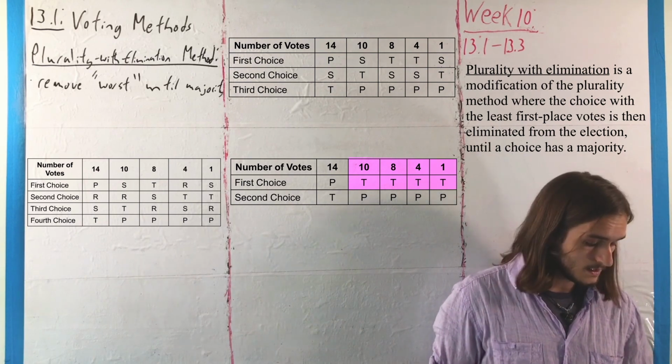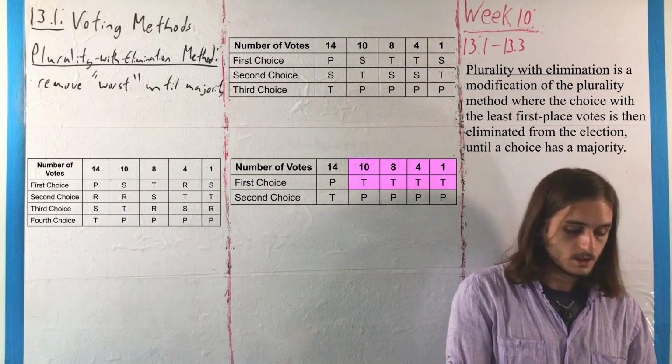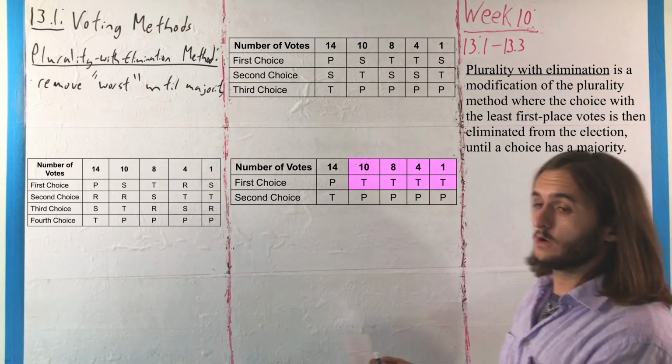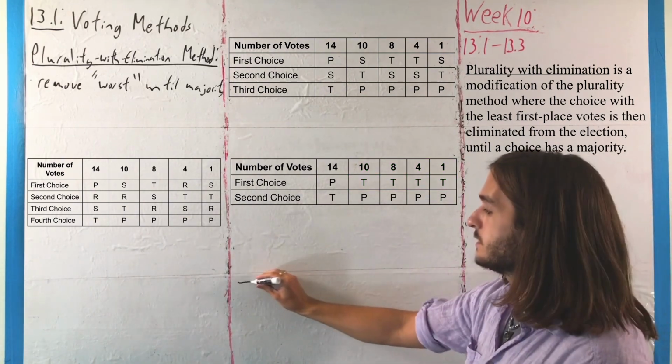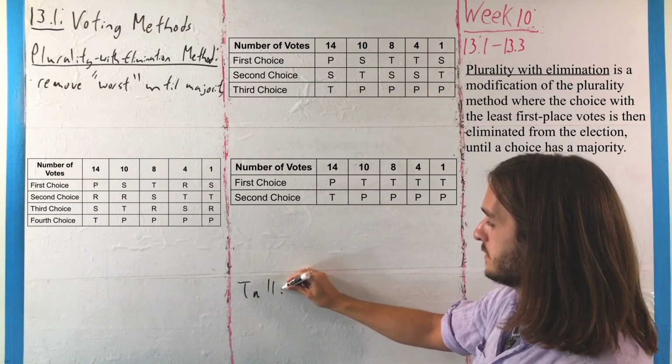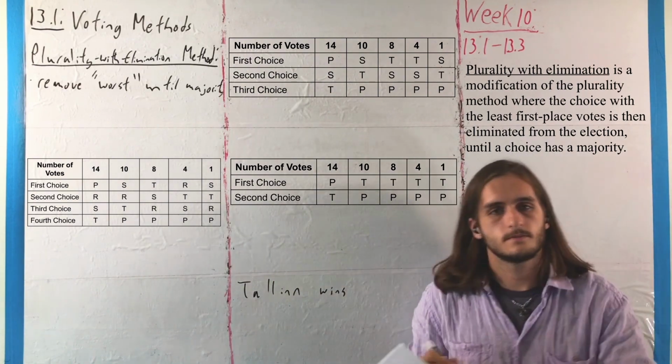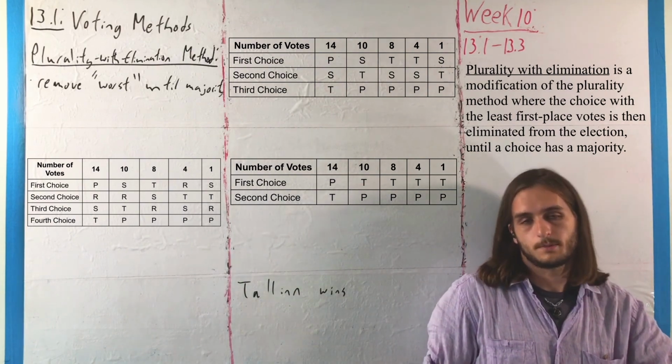It would end up getting a majority of the vote with 23 after these eliminations. So, for this election, we will have a bit of an upset that Tallinn, Estonia wins. And that's where they would be going for their trip.